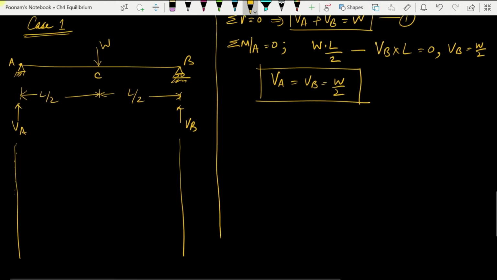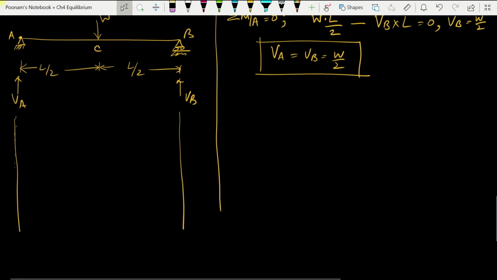Since we are doing this using the detailed method, let us take a section. Let us take a section here and one more here, because the load is changing from span AC to CB. I can take section 1 here and section 2 here.